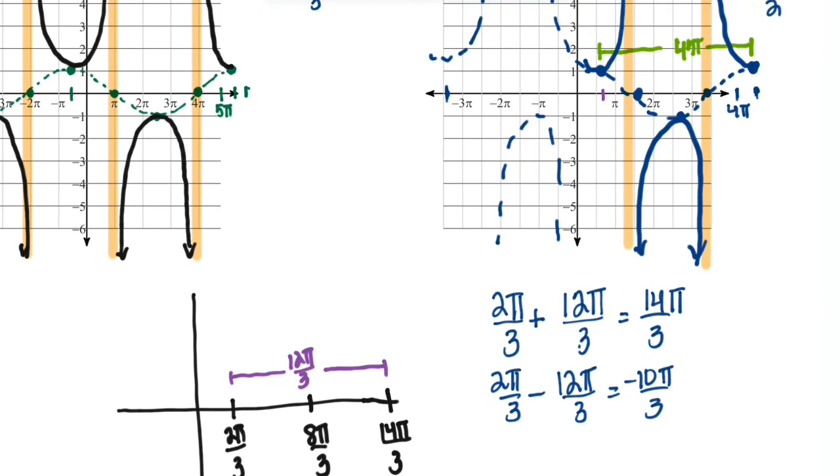Half that distance would be 6 pi over 3. And then half that distance would be 3 pi over 3. So that would give you a 5 pi over 3 right here, and an 11 pi over 3 right there.